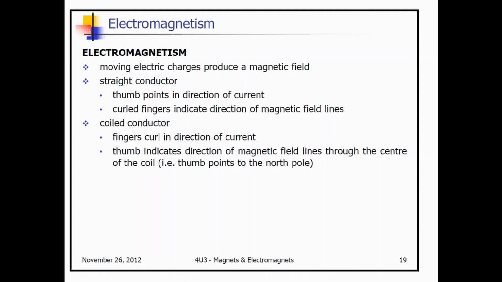For a straight conductor, if we know the direction of the current, we can use the right-hand rule, and the curl of our fingers will tell us where the magnetic field lines will be directed. For a coiled conductor, the curl of our fingers is in the direction of the current, and your thumb would point in the direction of the magnetic field. It's actually pointing at the North Pole, because field lines run south to north inside of a magnet.